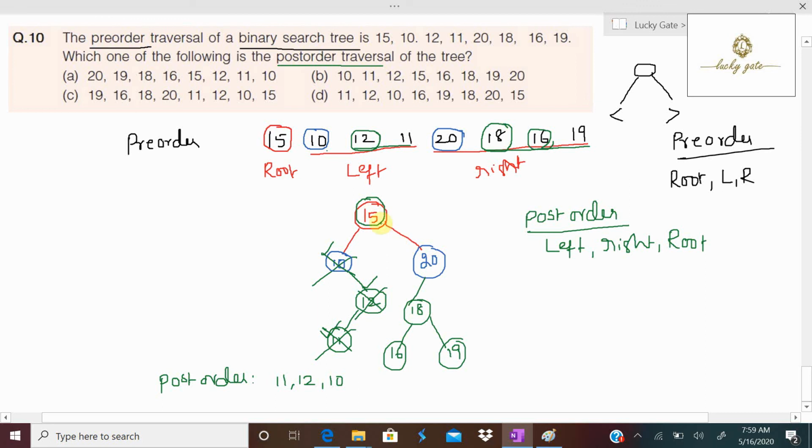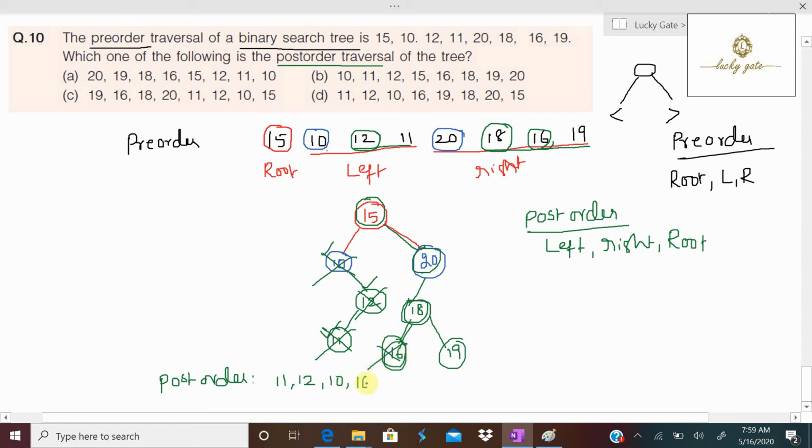Next is 10, again move up, its left subtree is over, before visiting the root node, visit the right subtree, means move to this branch, so go up to come to 20, again execute the algorithm, visit the left subtree, it is there, go to this node, again execute the algorithm, visit the left subtree, it is there, it does not have left or right, so visit this node.